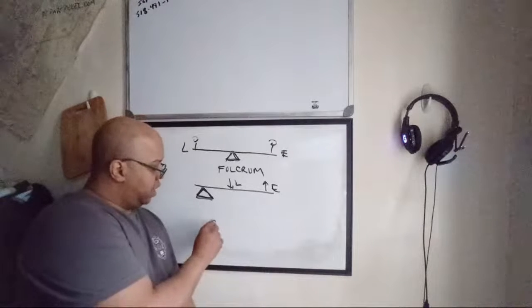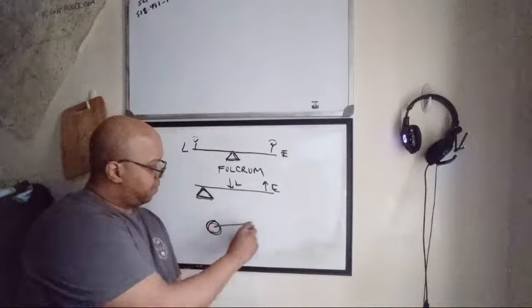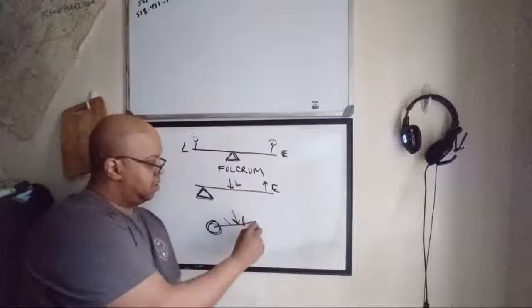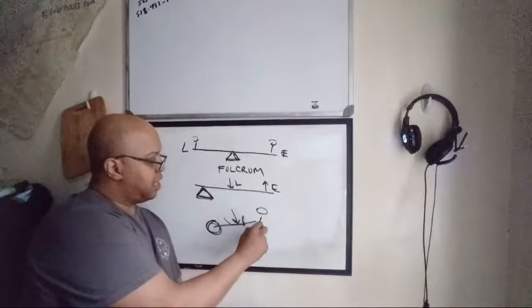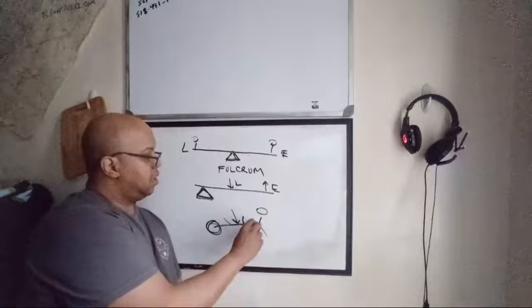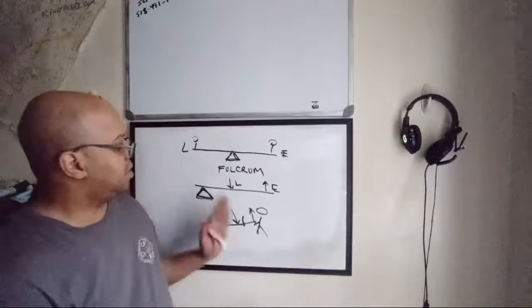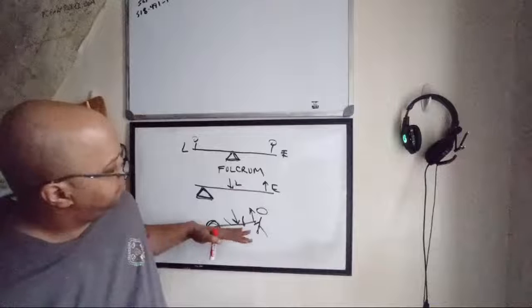We got a wheel on the end, a bucket in the middle where the load is placed, and then we produce effort upward. So that's why the wheelbarrow is the best.